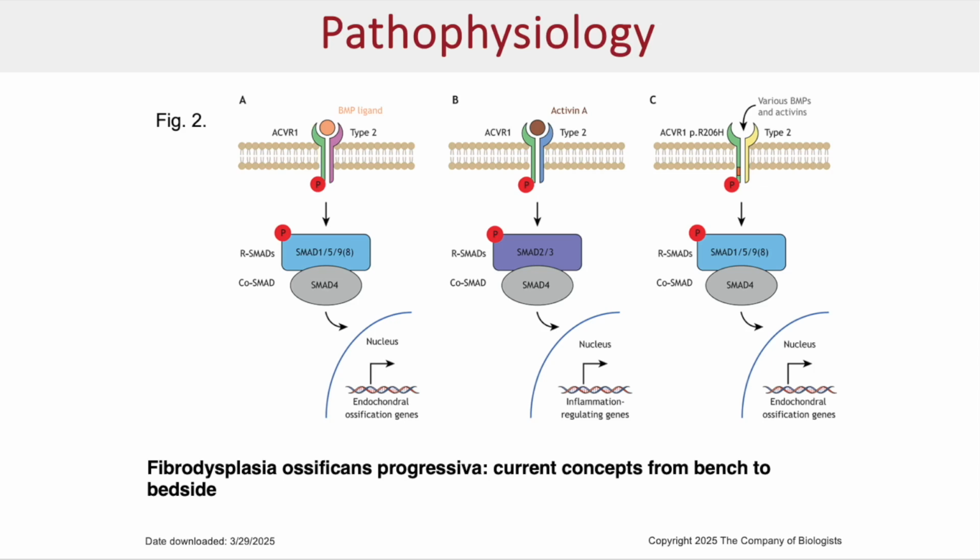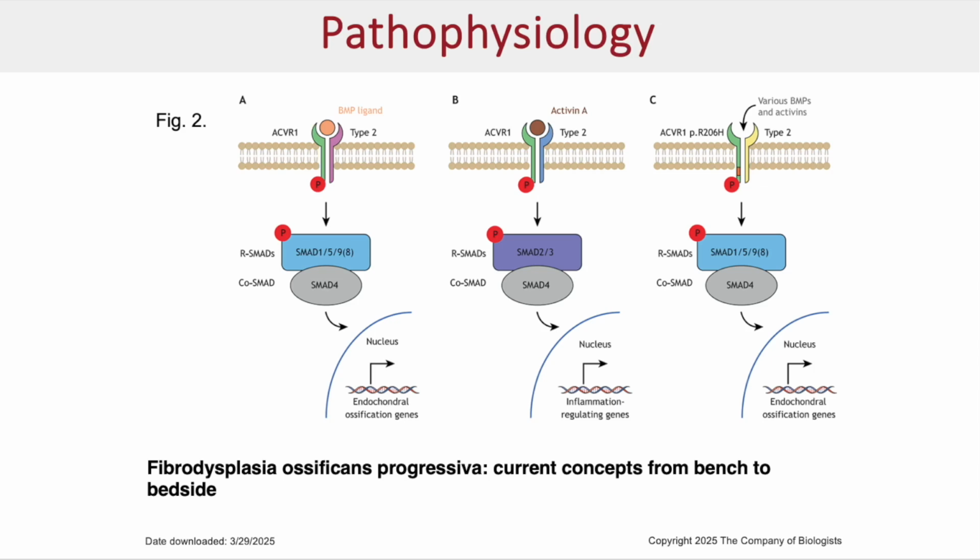In panel B, Activin A normally binds to the receptor, and in the case of Activin A binding the receptor, it regulates inflammation genes. So it's got all kinds of roles in controlling inflammation.